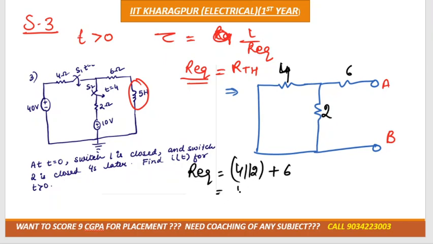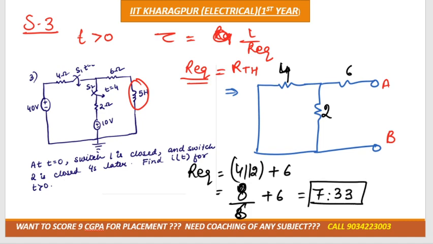Parallel, 8 by 6 plus 6, right? So 8 by 6 plus 6 is how much? Divided by 6 is 1.33. So it would be 7.33, right?